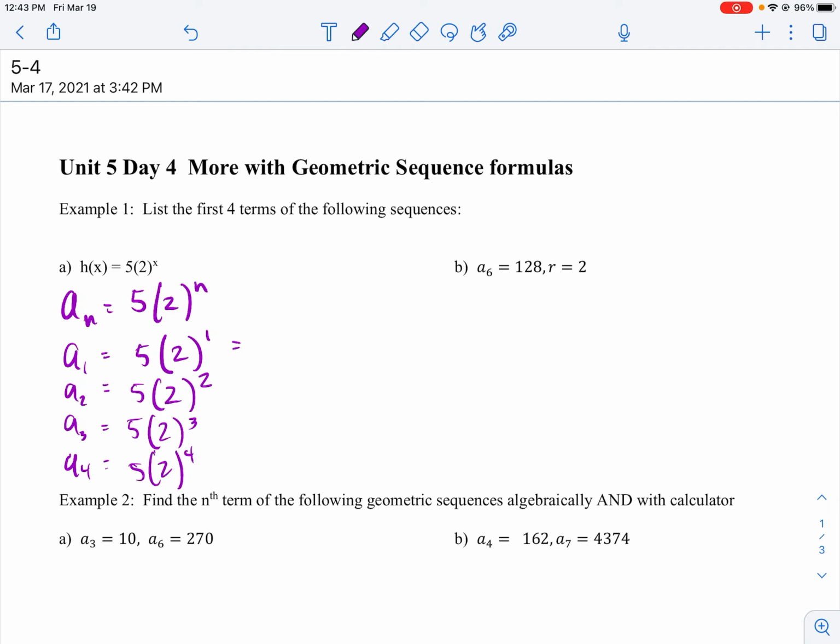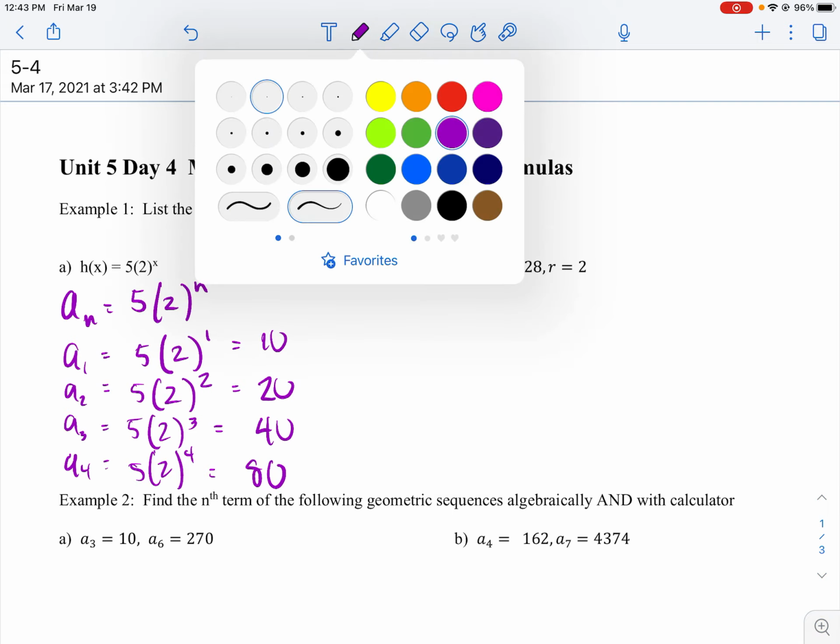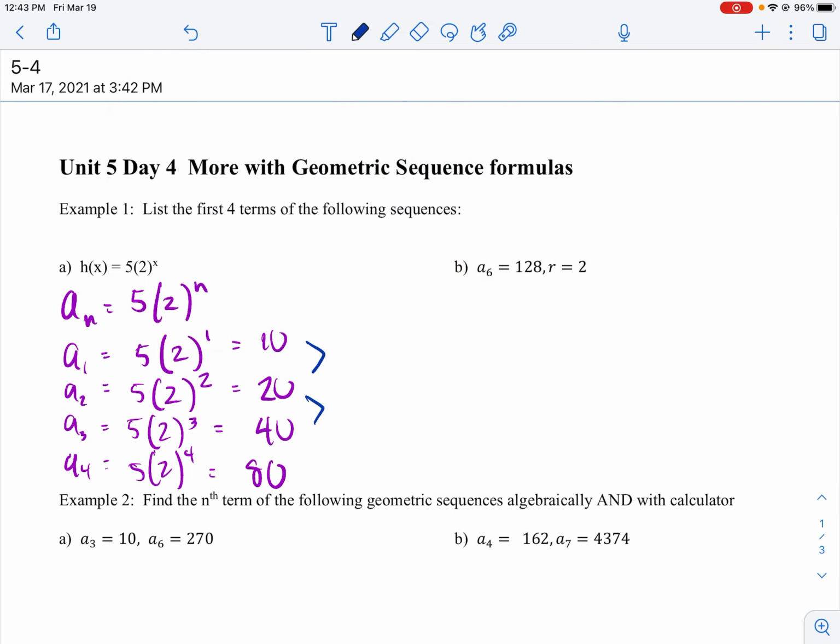So 2 to the first power is 2, 5 times 2 is 10, 2 to the second power is 4, 4 times 5 is 20, 2 to the third power is 8, 8 times 5 is 40, and 2 to the fourth power is 16, 16 times 5 is 80, right? And it looks like we're multiplying by 2 each time. So our first four terms, voila.